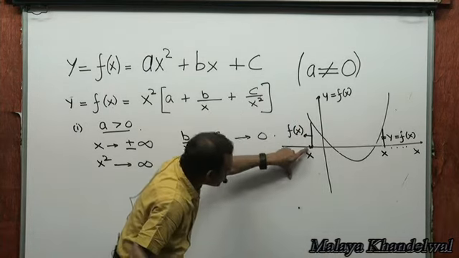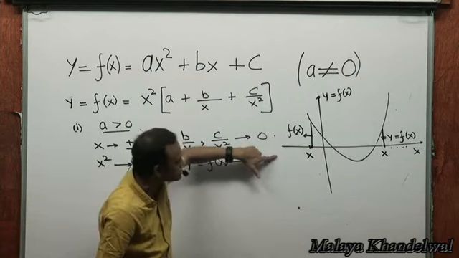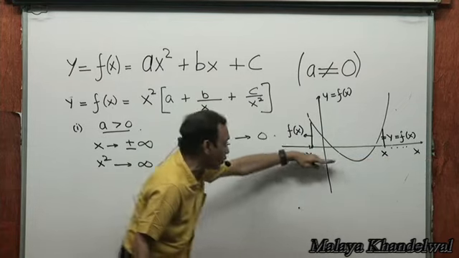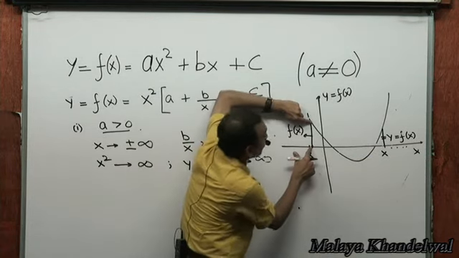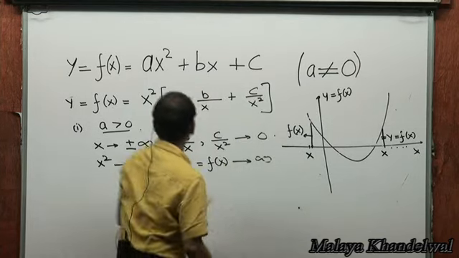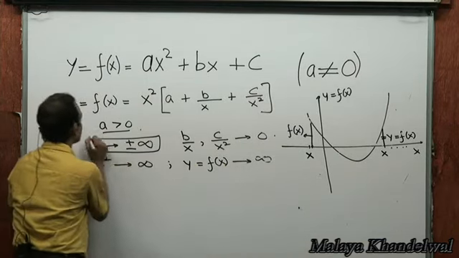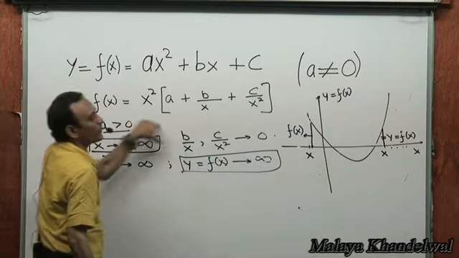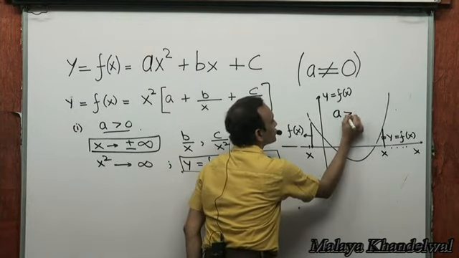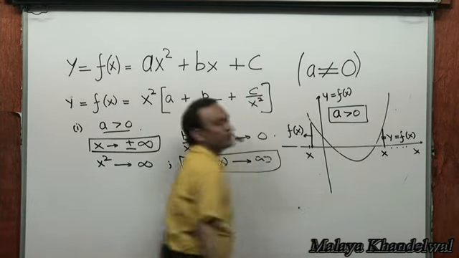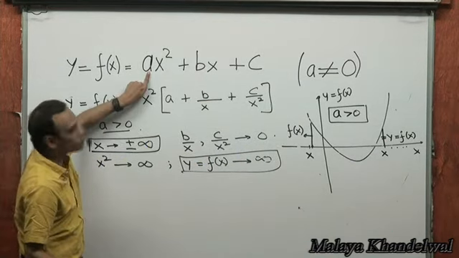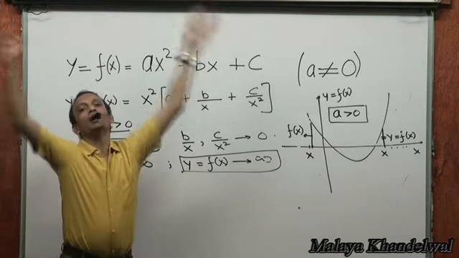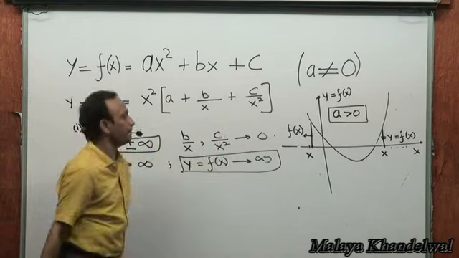As x tends to minus infinity, moving in this direction, f(x) will tend to plus infinity. That means as x tends to plus or minus infinity, y tends to plus infinity for this case, and we can then conclude that this must be the case for a greater than 0. That means if a is positive, y equal to f(x) versus x is going to be an upward opening parabola.